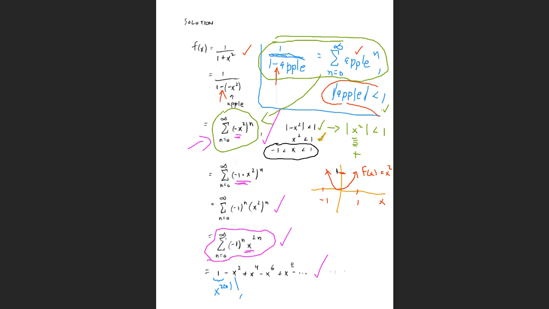X squared is x to the power 2 times 1. X to the 4th is x to the power 2 times 2. You see n's changing from 0, 1, 2, x to the 6 is x to the power 2 times 3. So you see where these terms are coming from.